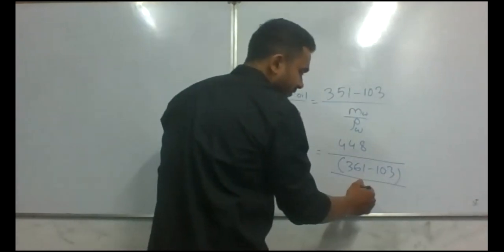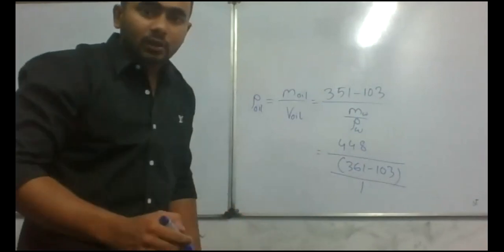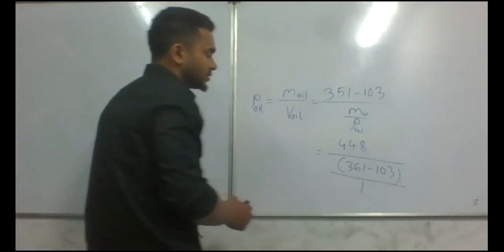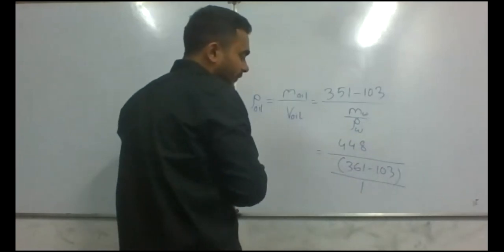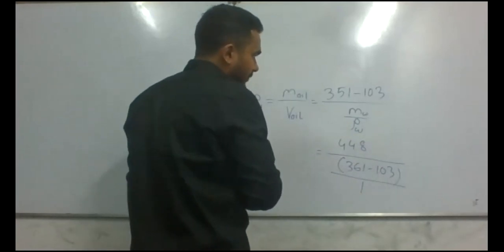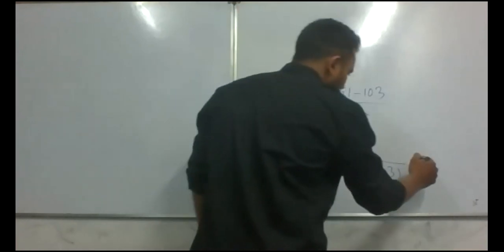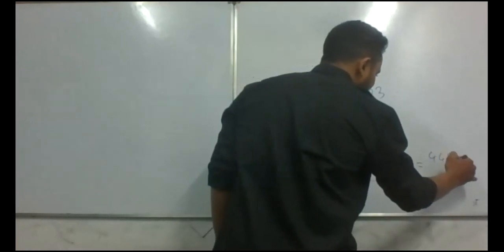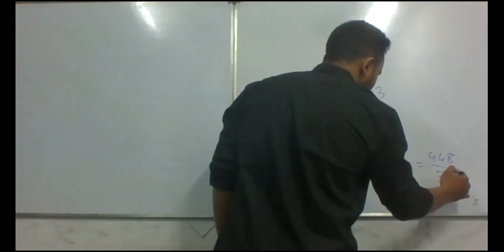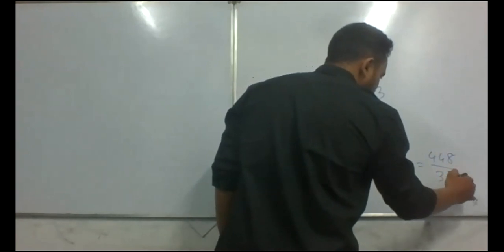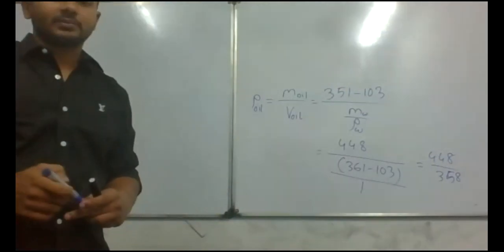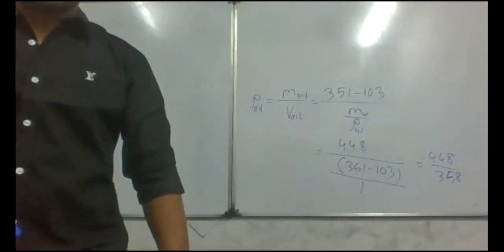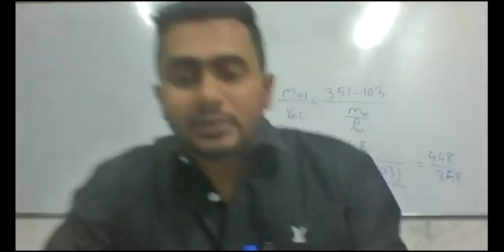So 1 gram per cm cube থেকে divide করে দাও। Yes. So দেখেন 248 divided by 258, right? Yes. So the 248 divided by 258 is going to give us the correct answer of the density of the oil, and that's it. And it's going to be a little less than one.